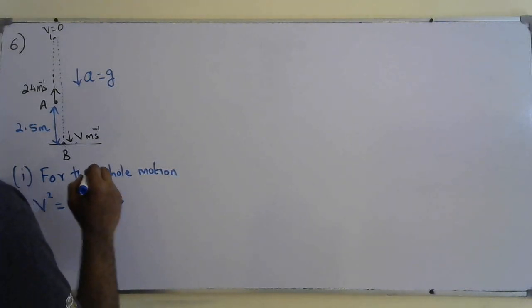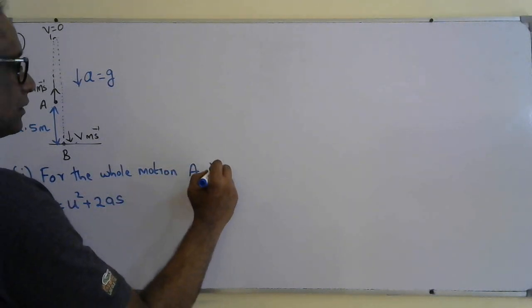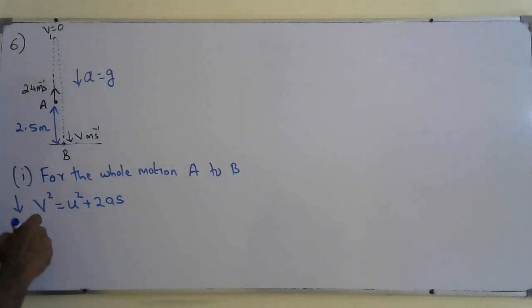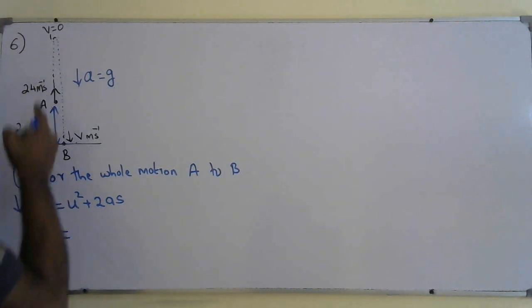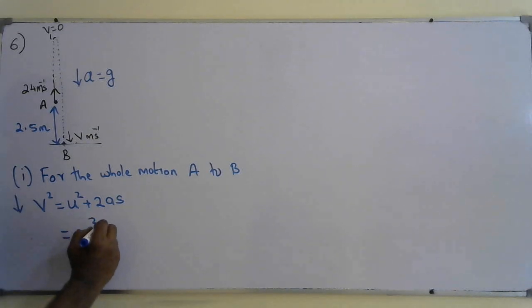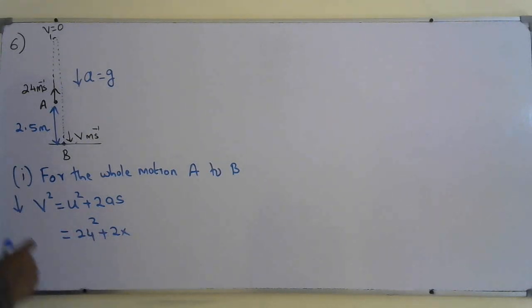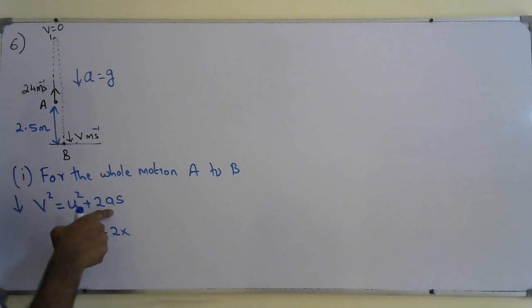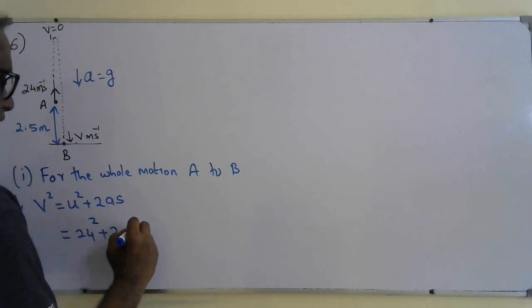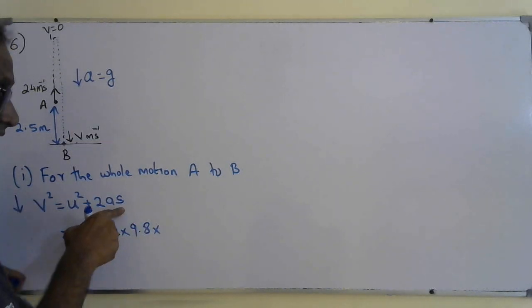Okay, I am considering from A to B. So v squared is the question. u squared: u is upward, so 24 squared, plus 2 into, okay, I am considering the downward direction, acceleration also downwards, 2 into 9.8 into s, where s is the displacement.